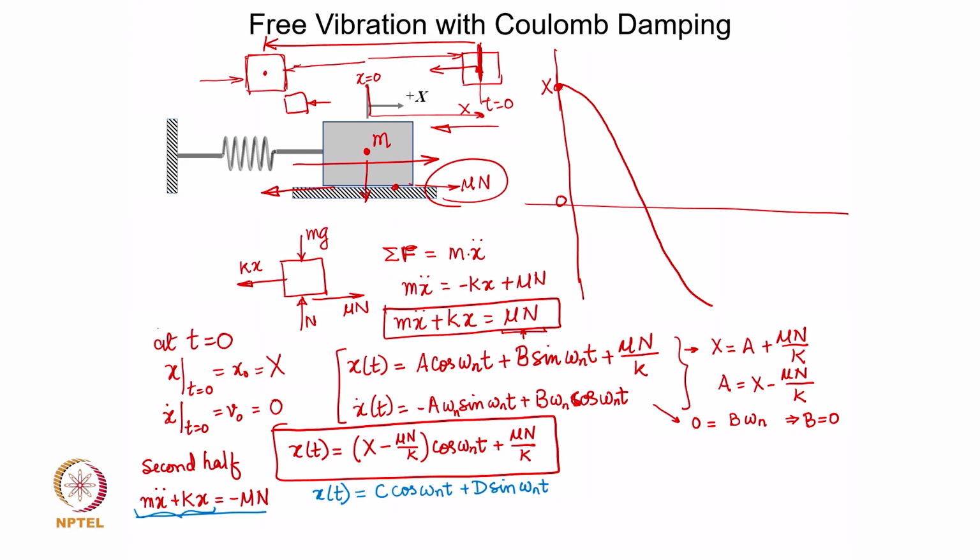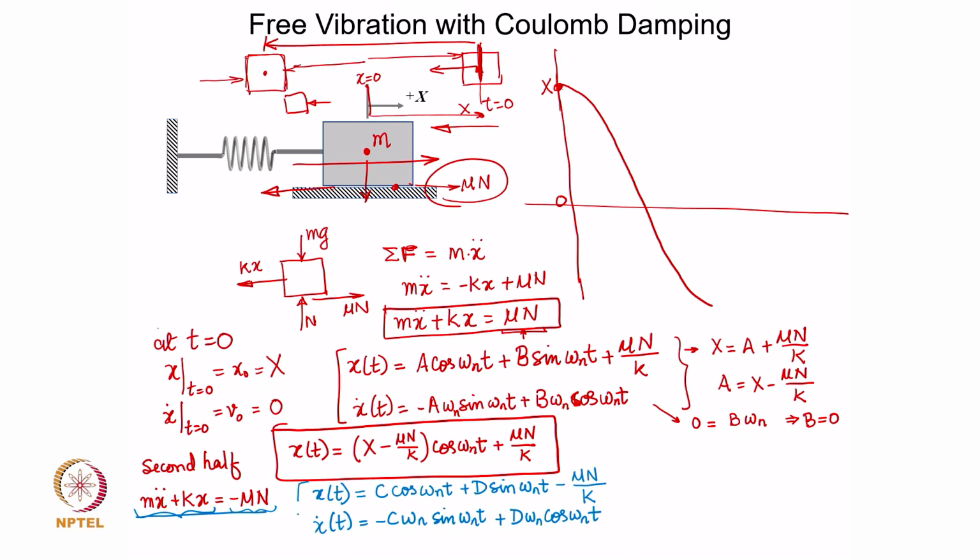However, the response due to the constant force on the right hand side is going to be similar, except that the sign is going to be changed. So, this is going to be mu N over k, but in this case it is going to be minus mu N by k. So, now if I want to write the velocity expression, then it is going to be minus C omega n sin omega n t plus D omega n cos omega n t.